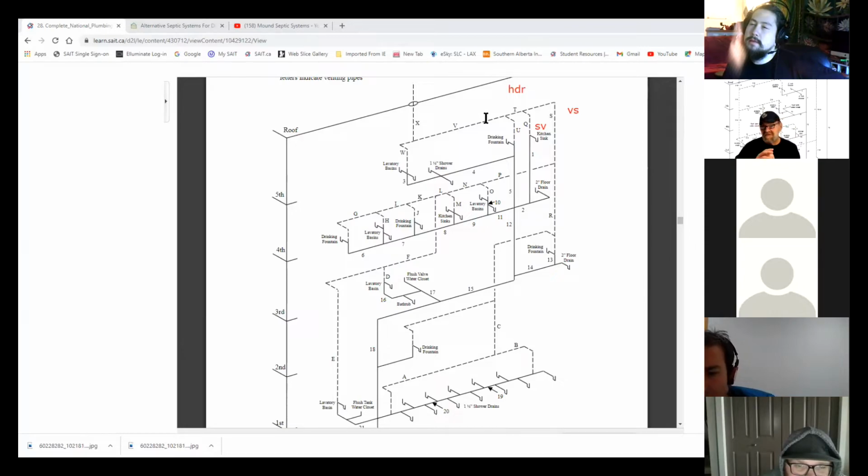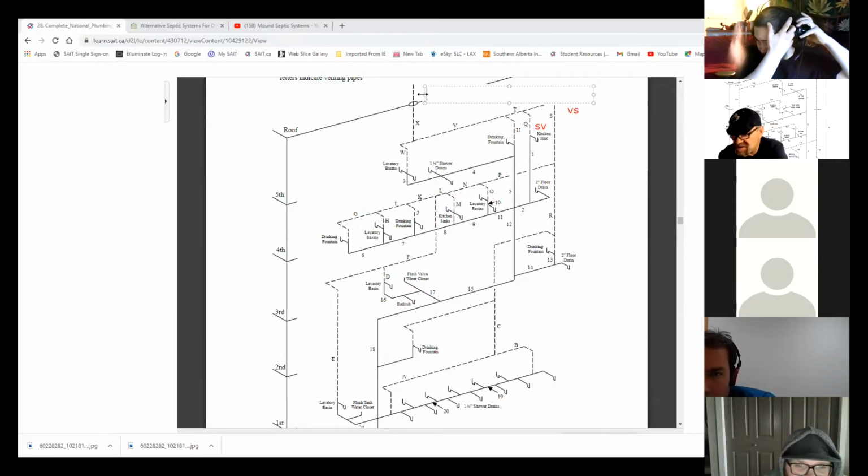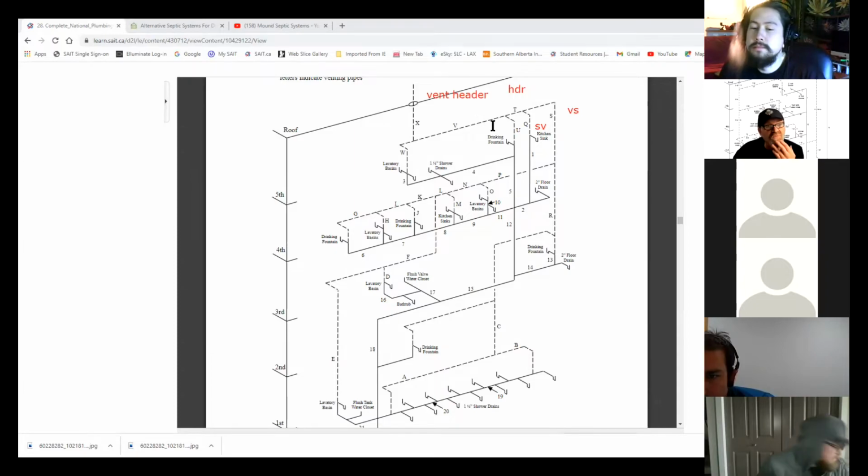Header is the ace of all vents. There's nothing higher. That means Y and X are also going to be vent headers. Nothing will beat that right till outside air. If I asked what is the developed length of a vent stack on this drawing, on this vent stack, you would go all the way to the bottom, to the lower end.